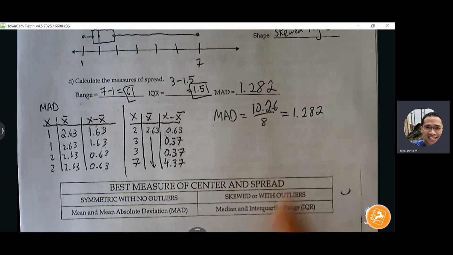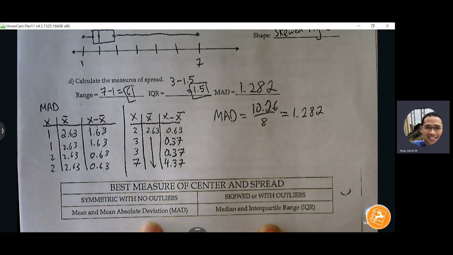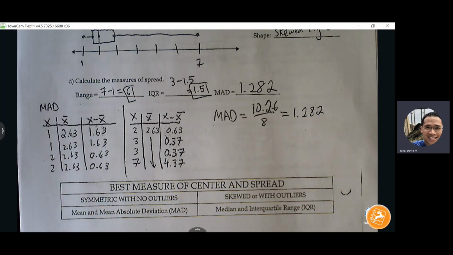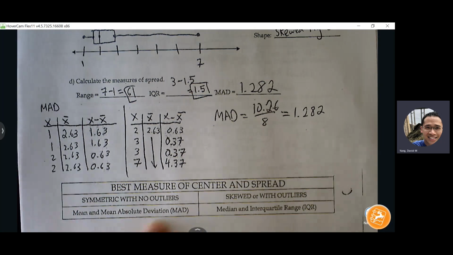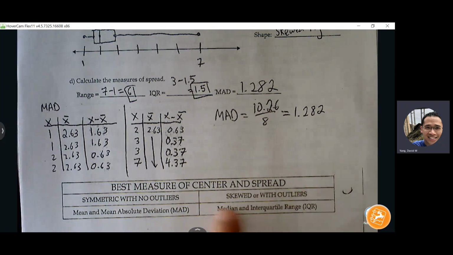The mean and mean absolute deviation are influenced by outliers, so it's best to use them when there are no outliers. But if there are outliers, the IQR will minimize the impact.